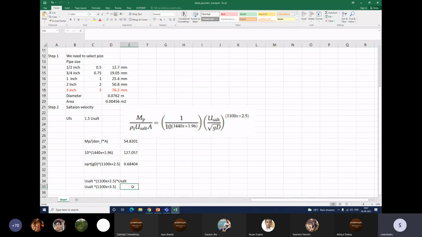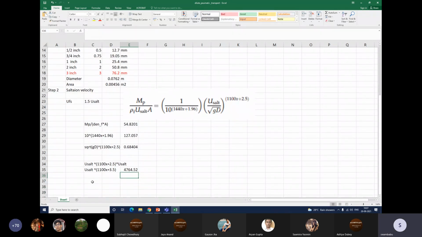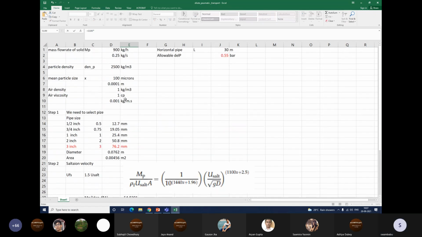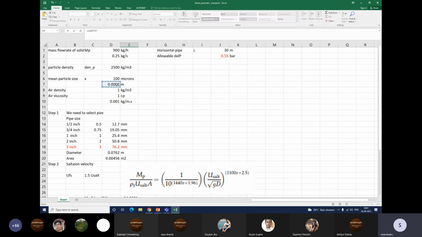We need to multiply the first term by the second term by the third term. So I have to do 1100 x plus 3.5. This will be 1100 into x, this one, plus 3.5.